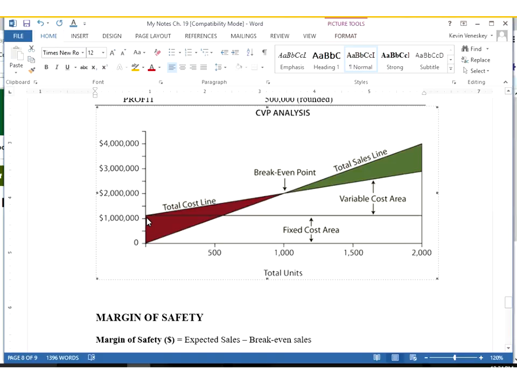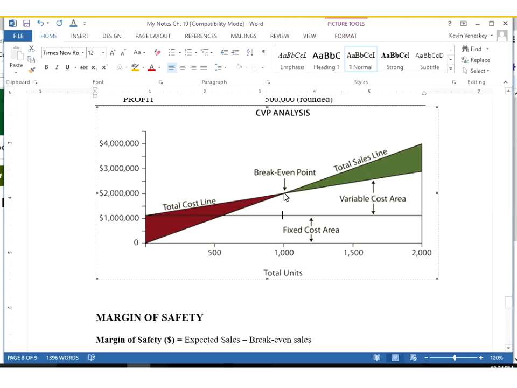So if I sell 0 items, I'm still going to have a cost of $1 million because of those fixed costs that I have in this whatever example it is. So I'm going to have a loss of $1 million. If I sell 500 items, I'm going to have sales of close to $1 million, but I'm going to have cost of about $1.5 million, so I'm going to have a little bit of a loss.